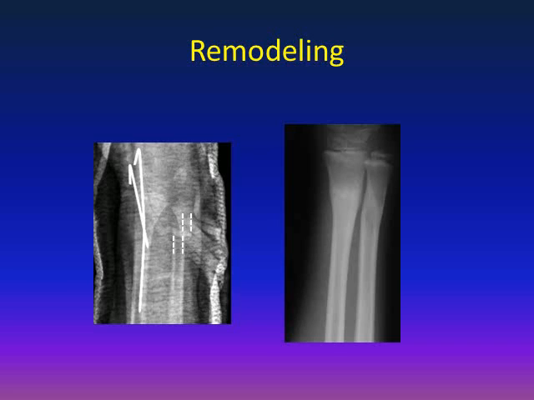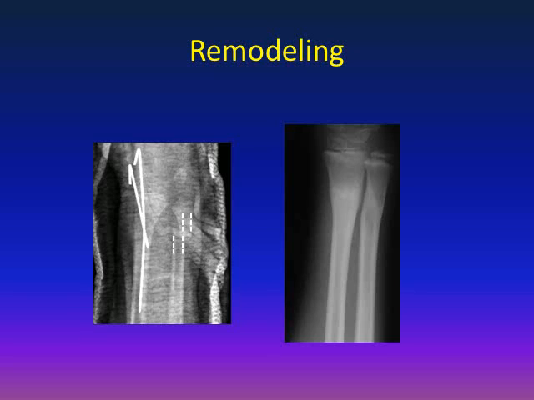Let's speak now about another phenomenon that happens with fractures of children, which is called remodeling. Remodeling means that if there is displacement or angulation of the fracture, with continued growth of the child, this fracture will realign itself. If you can see this X-ray, this is a distal radius and ulna fracture that was managed with closed reduction and percutaneous K-wires of the radius.